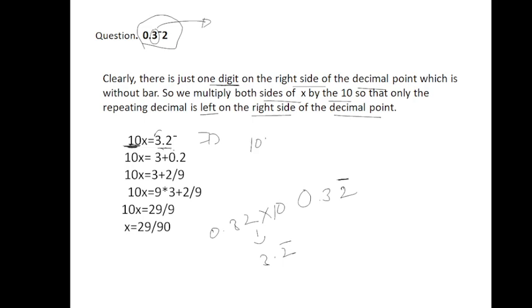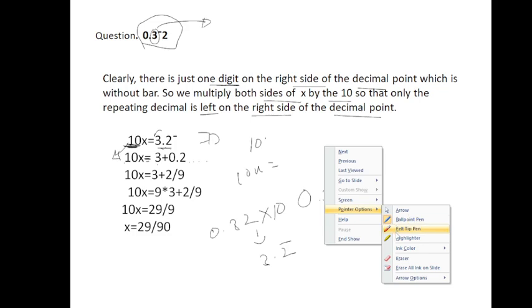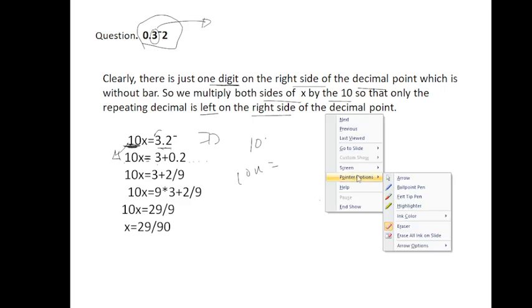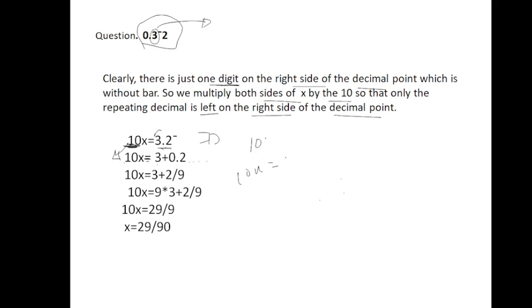So this happened. 10x equal to, we can also write it as 3 plus 0.2. Okay, now take the pen.